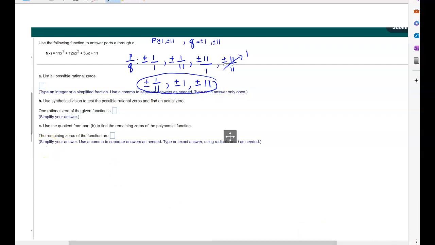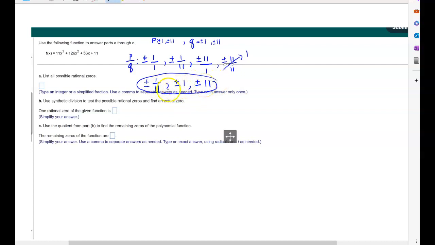Now for letter B, it says here, use synthetic division to test the possible rational zeros and find the actual zeros. If that is challenging for you, I suggest that you just use the remainder theorem. So instead of synthetic division, to find an actual zero for letter B, the first actual zero, just pick one among all these possible rational zeros here, because those are just possible rational zeros, not really zeros.